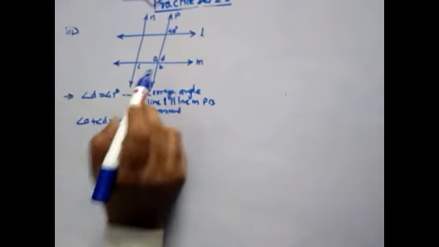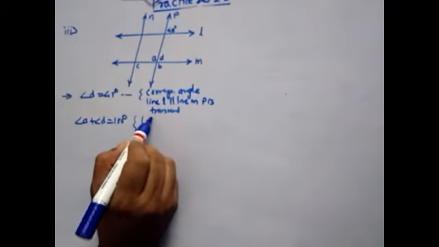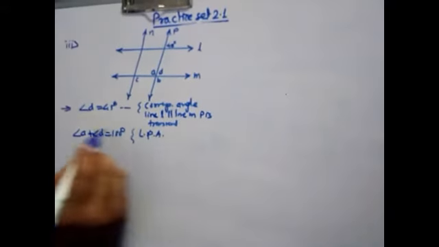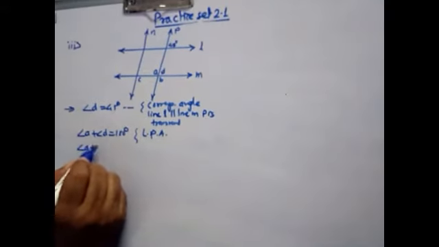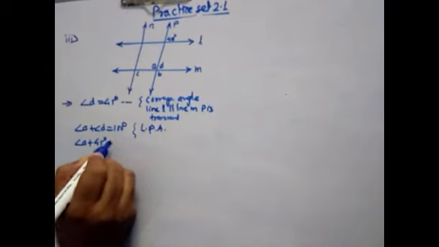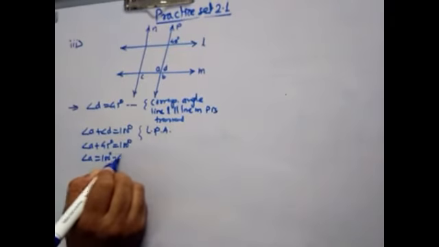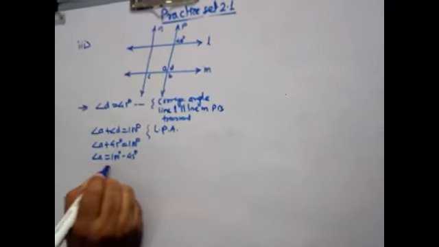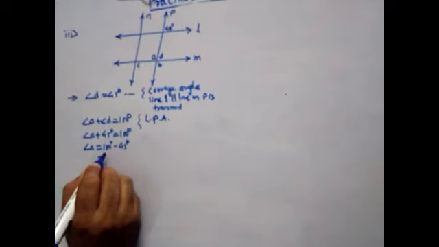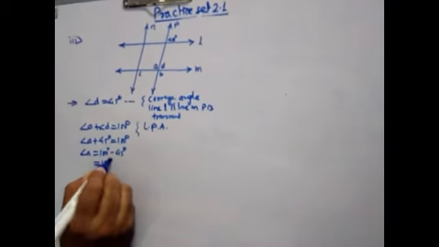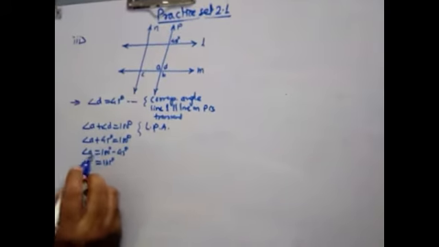See here, these two are linear pair angles. Then write down angle A plus 45 degrees is equal to 180 degrees. Now angle A is equal to 180 degrees minus 45 degrees. So what remains is 135 degrees, that is angle A.